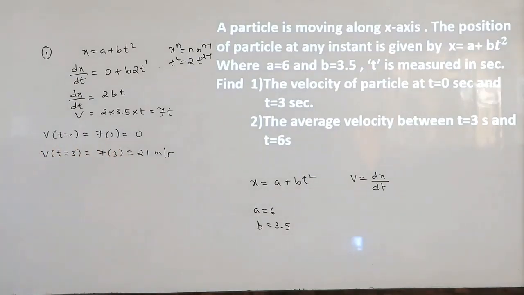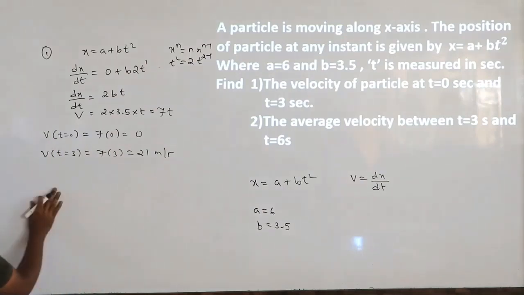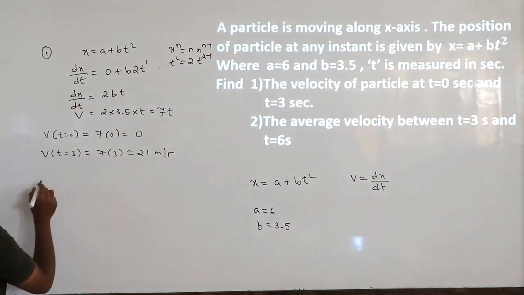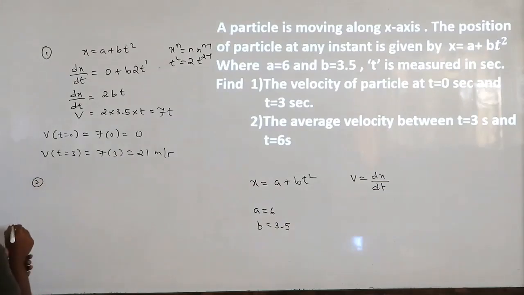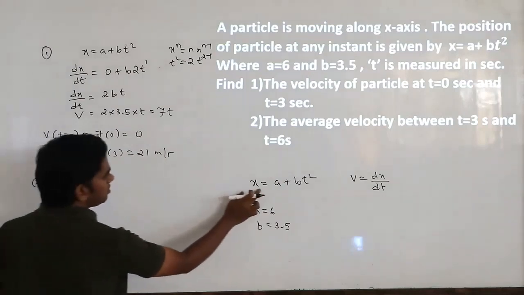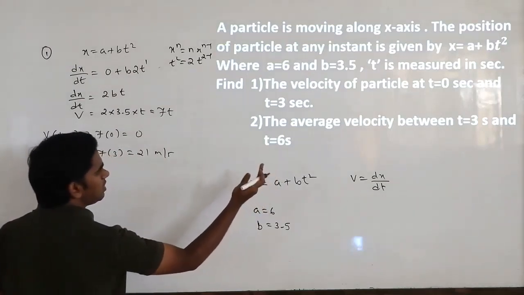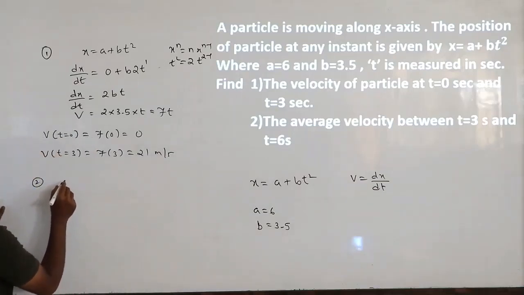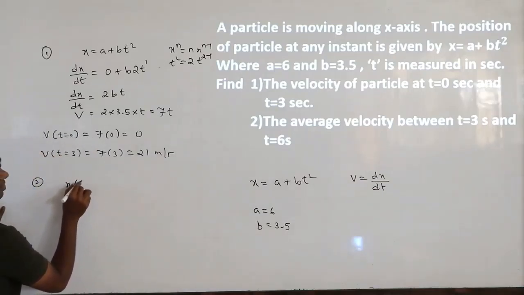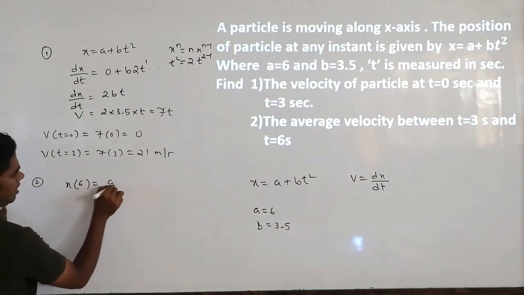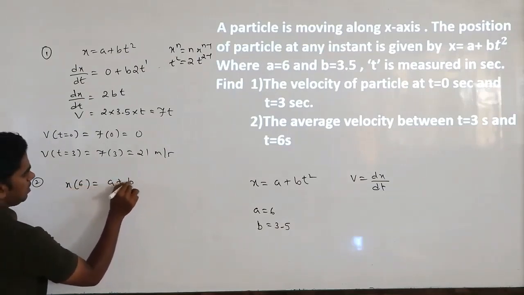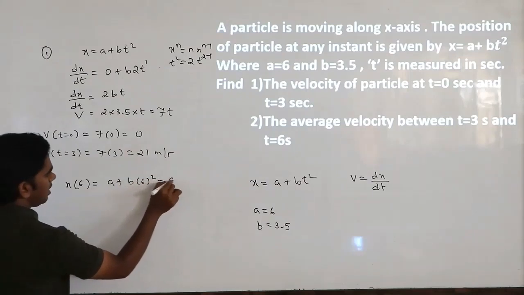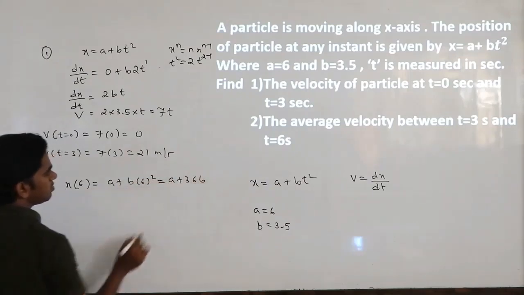First write the distance traveled at 3 seconds and at 6 seconds. So x at 6 seconds is a plus b into 6 square, which means a plus 36b.